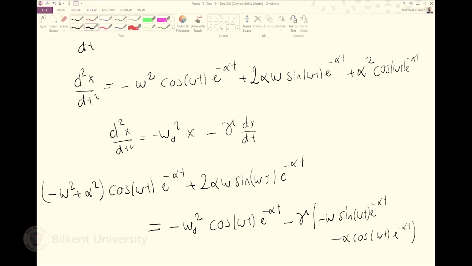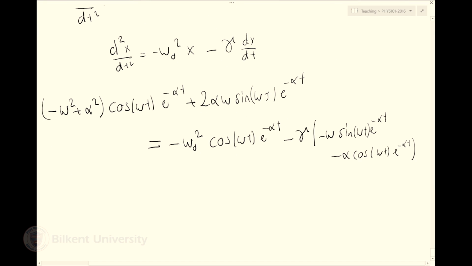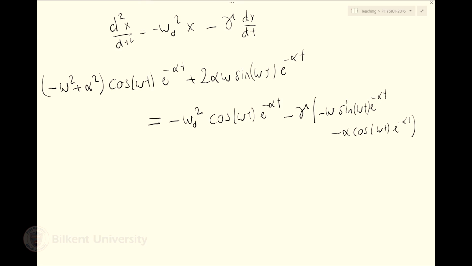Now let me get my red pen and start cancelling things. First of all, these exponential factors cancel. They are the same in both terms. So what do I have on the left hand side? I have minus omega squared plus alpha squared cosine omega t plus 2 alpha omega sine omega t. And on the right hand side, what's the coefficient of cosine omega t?